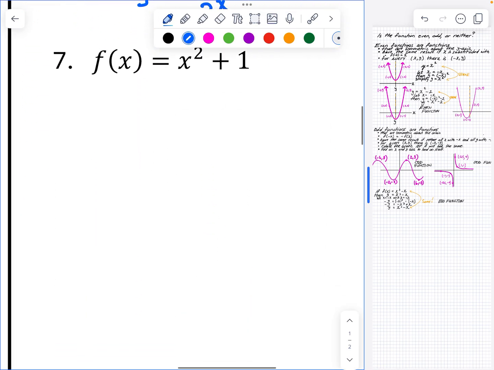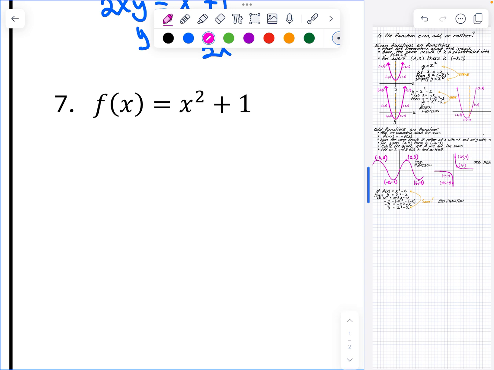Okay, and the last one. Let's test for even. First of all, rewrite the problem so it says y equals x squared plus 1.